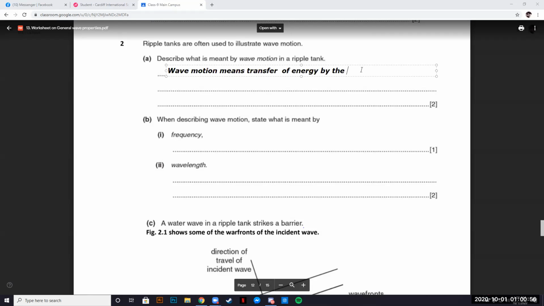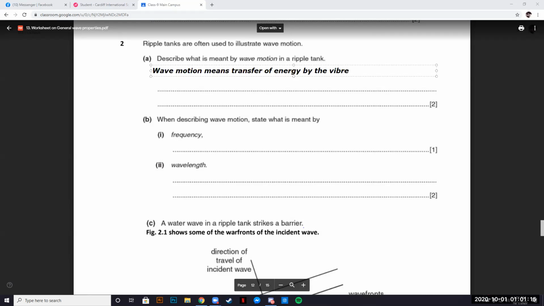Sir, up and down, or side by side? No, here it is a water wave. Oh yes, sorry. Here they are talking about the water wave. So wave motion means transfer of energy by the vibration.